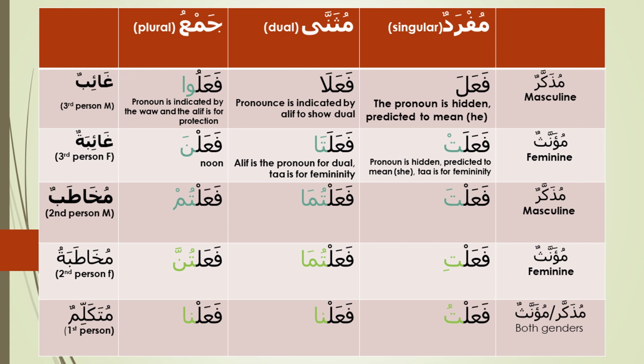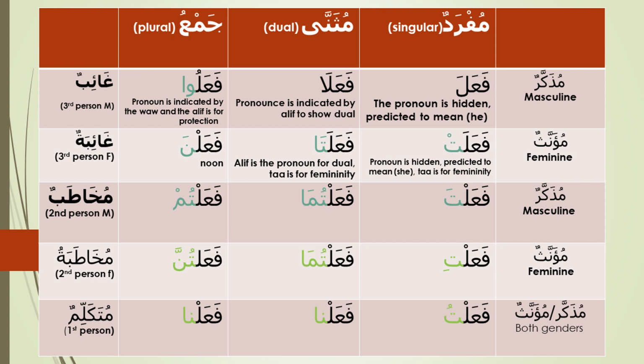And last week I mentioned the pronouns are hidden in which ones? How many times are they hidden? Fa'ala is hidden because look, it's just the 3 root letters. The fa, the ayn and the lam are always the root letters. Whenever you find a word, you look for the fa, the ayn and the lam, and that'll be your root letters.